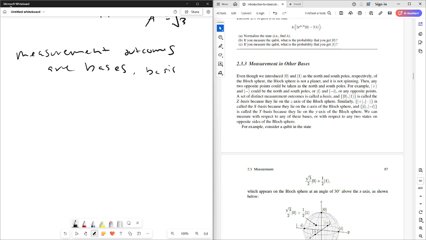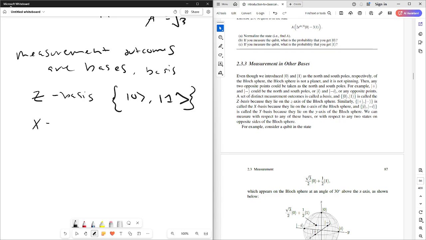Basis for singular. It's essentially the poles that we use to measure in. So our Z basis is 0, 1. So we would measure relative to the poles on the Z-axis for our hemispheres, etc.